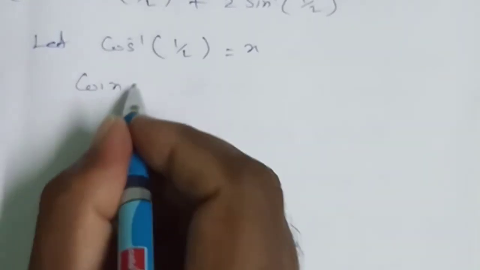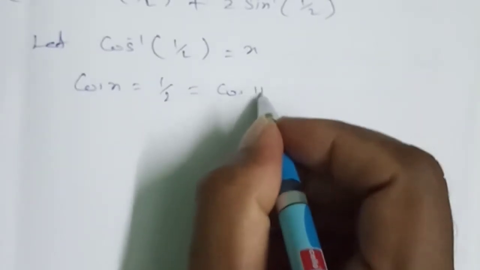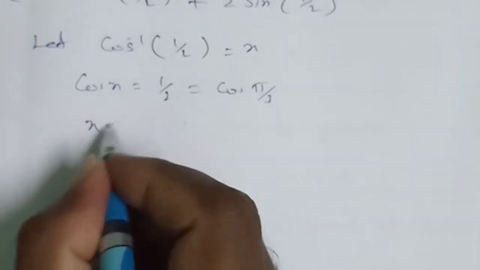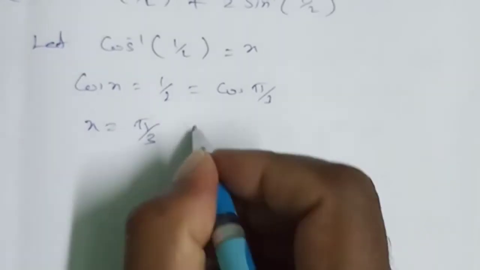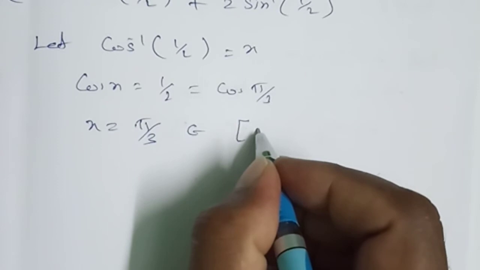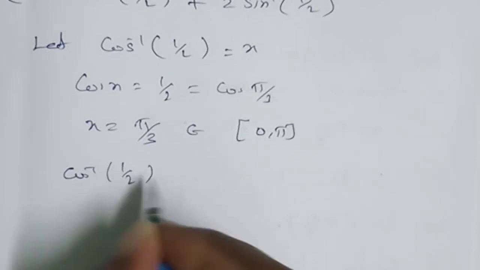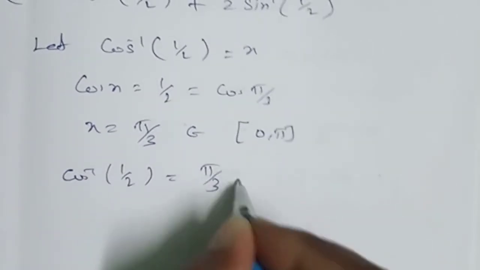So cos x is equal to 1 by 2, which is cos pi by 3. So x is equal to pi by 3. This belongs to the closed interval [0, pi]. So cos inverse of 1 by 2 is equal to pi by 3.